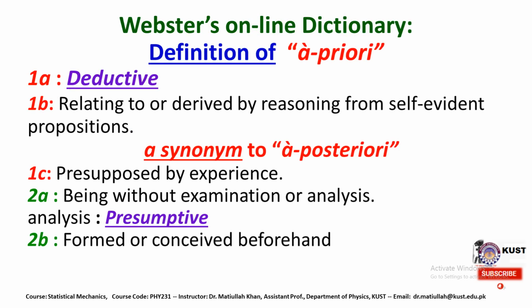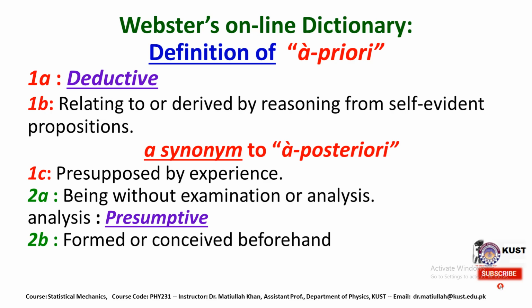If we look at the definition of a priori in the dictionary, it has various meanings, but its close meaning is deductive, as relating to or derived by reasoning from self-evident propositions.